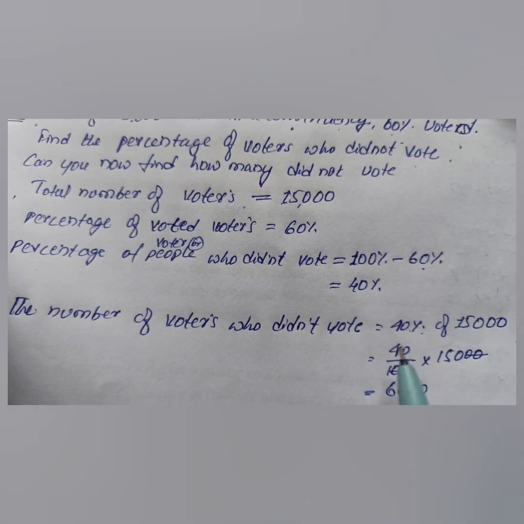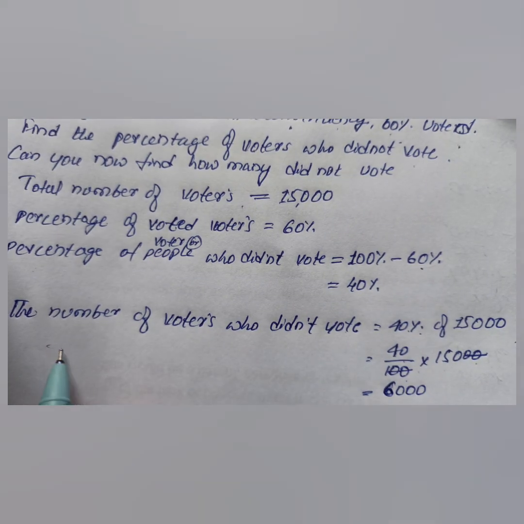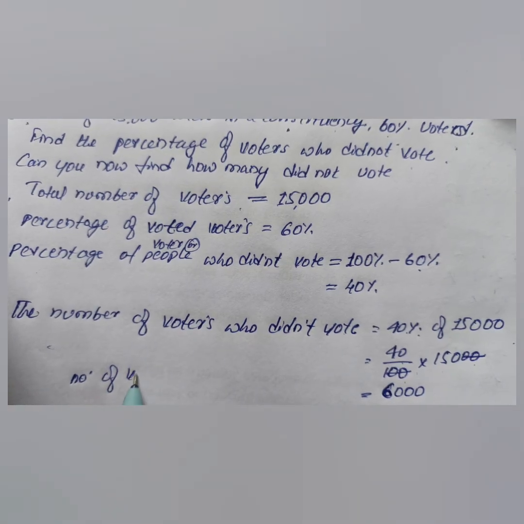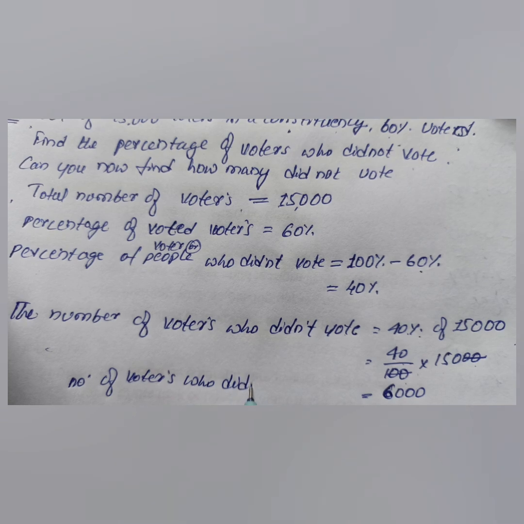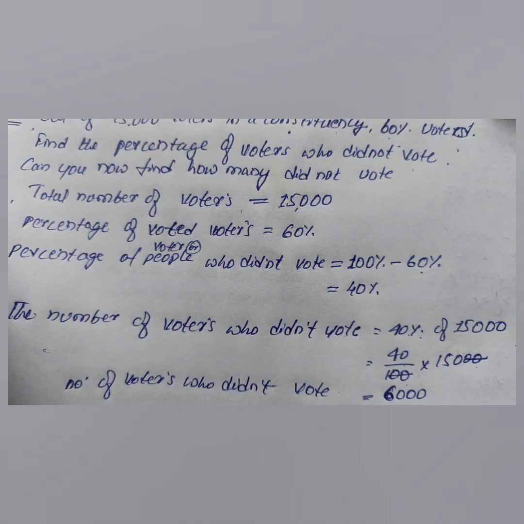We know 40% is 40 divided by 100 into 15,000. When we calculate, 2 zeros get cancelled. 40 into 150 is 6,000. So the number of voters who did not vote is 6,000, which is the answer.